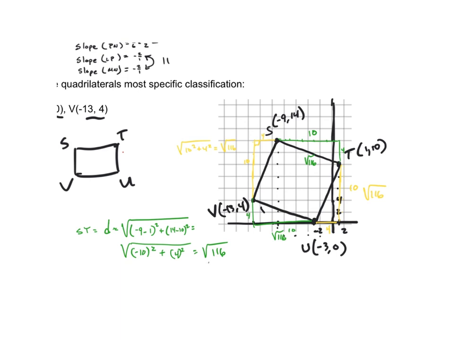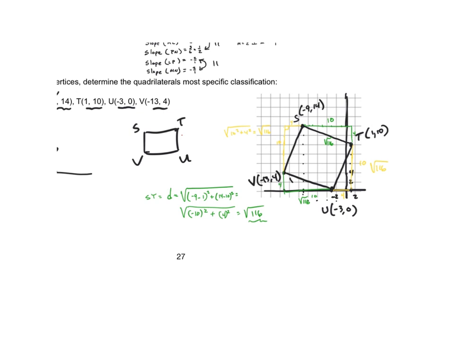So there you go, we did it using the distance formula. The distance formula proved those quick calculations that we made by drawing triangles. So we know that all the sides are the same length. So we have opposite congruent sides. We also have sides that are all congruent, so it could be a square or a rhombus.